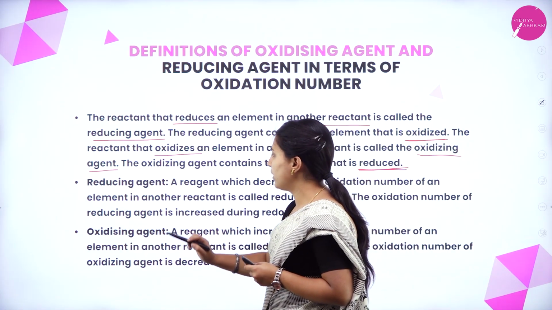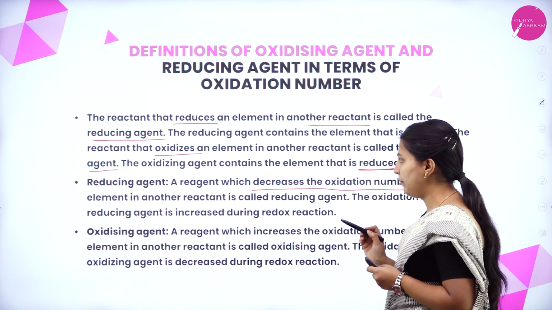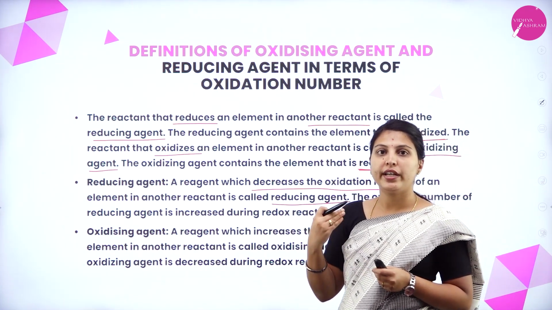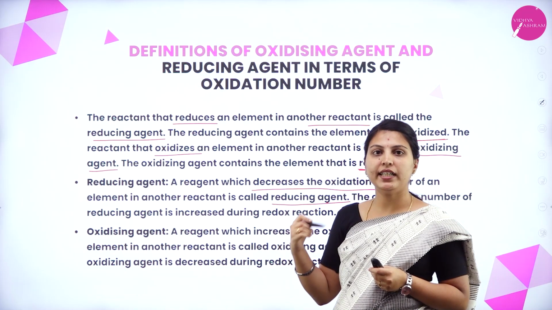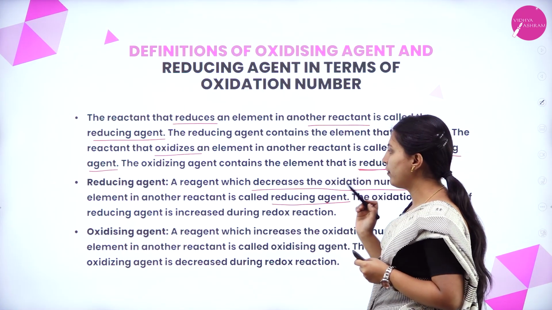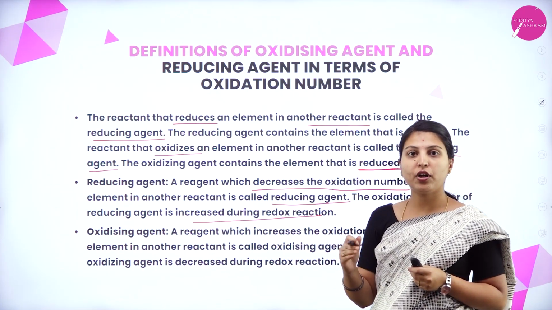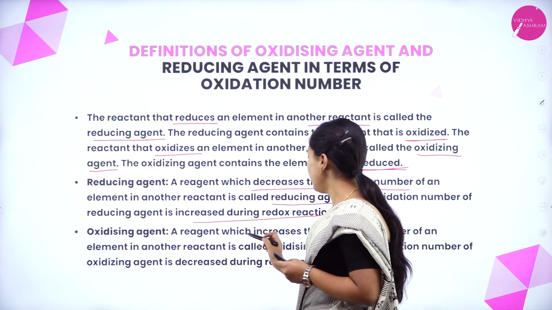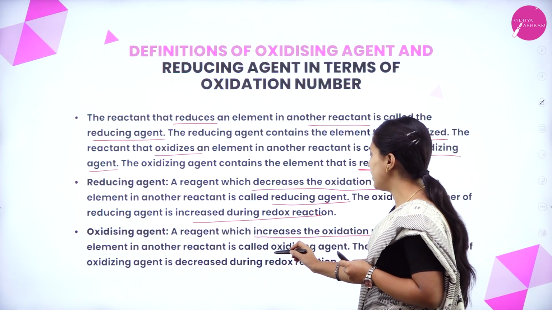Next, reducing agent. A reagent which decreases the oxidation number of an element in another reactant is called reducing agent. The oxidation number of the reducing agent itself is increased during the redox reaction. A reagent which increases the oxidation number of an element in another reactant is called oxidizing agent.